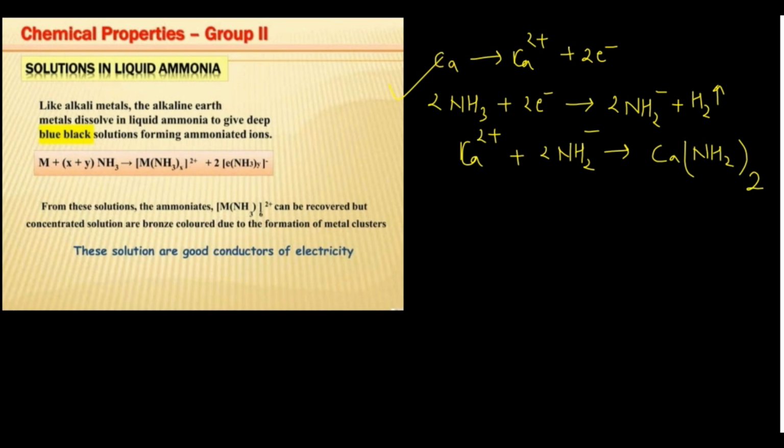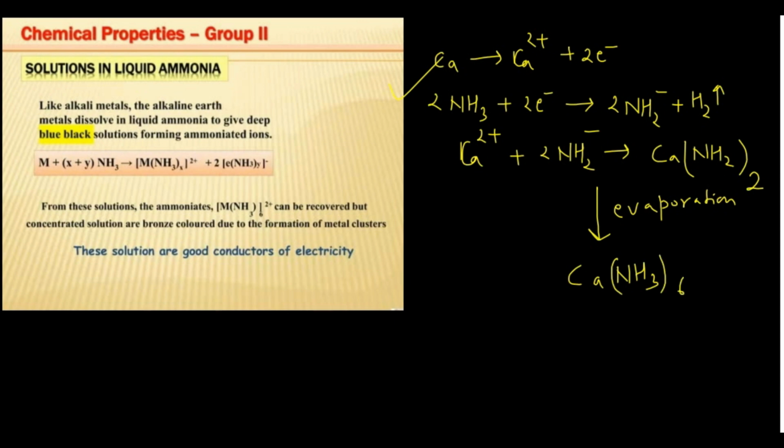Okay, so actually these reactions happen in the solution, and when the solution is evaporated, I can write like that, evaporation. When evaporation occurs, this converts into the hexa-ammoniate, M NH3 whole 6, right?